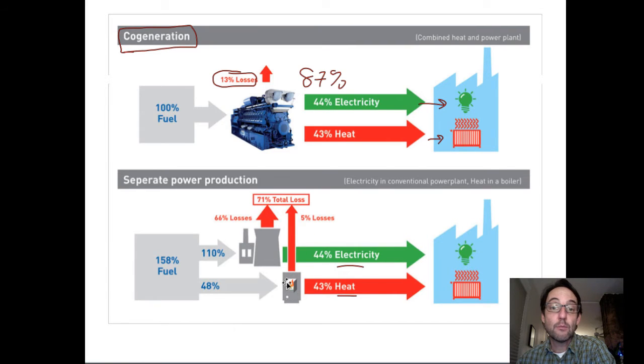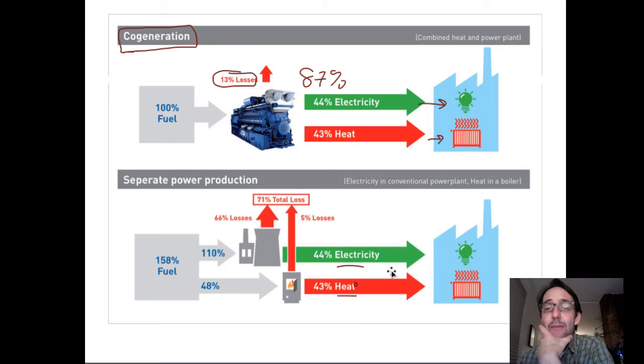So you burn something locally, like heating oil or something like that, and it generates heat, and you take that heat and heat the house or the building. So it's about 95% efficient. And then you have this same process to generate the electricity, which is about 44% efficient.